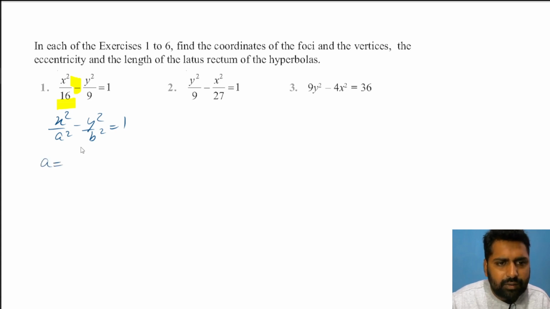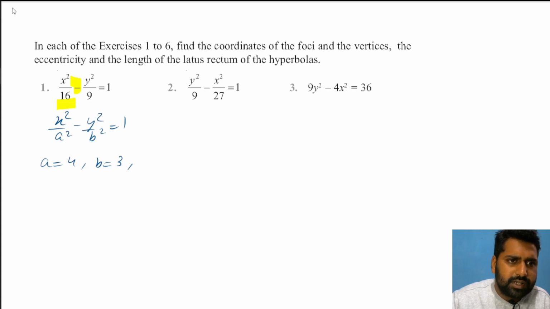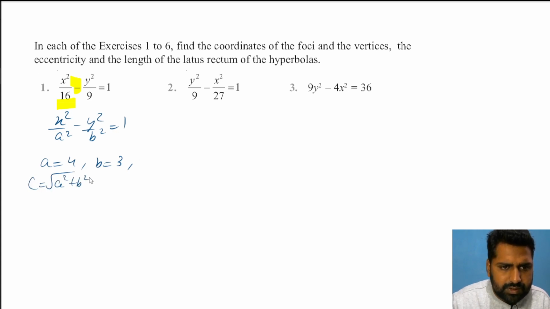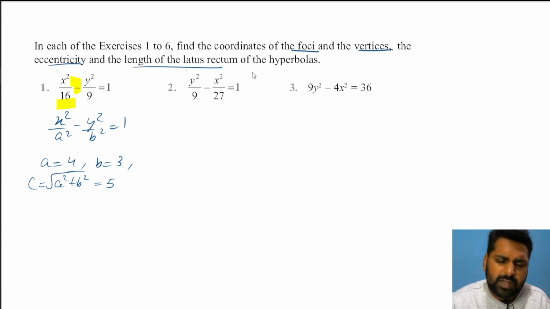So let's calculate a first. A is 4, b is 3, and c is the square root of a square plus b square. So c is 5. Now he is saying find the focus, vertices, eccentricity, and length of the latus rectum.